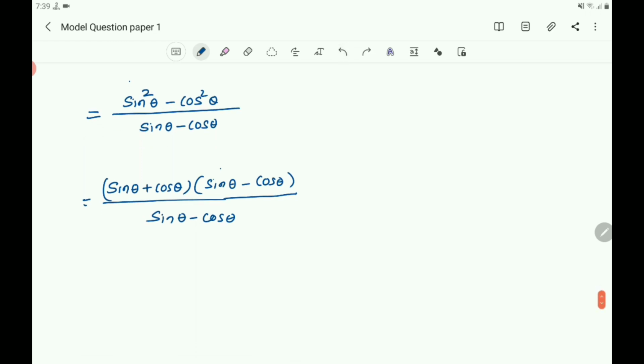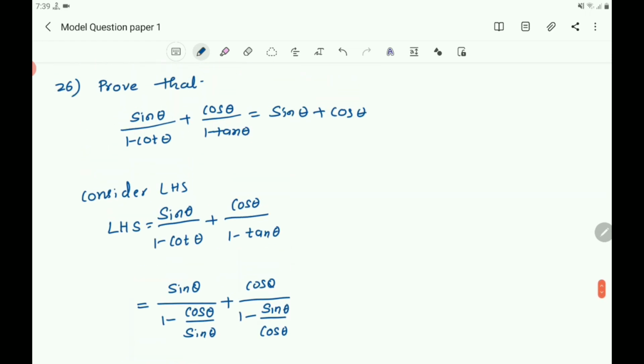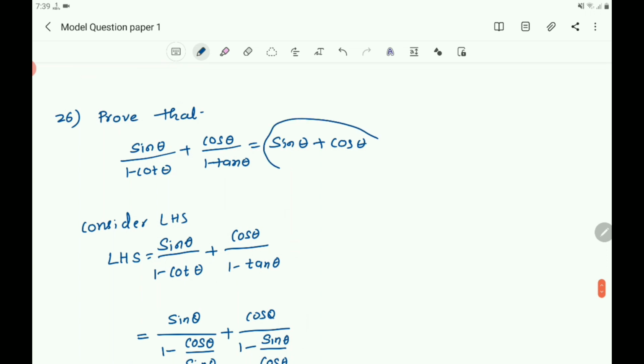Then you can cancel the denominator sin theta minus cos theta with this sin theta minus cos theta. Then what is remaining here? Sin theta plus cos theta, which equals RHS. What is the RHS here? RHS is this one, what is to be proved.